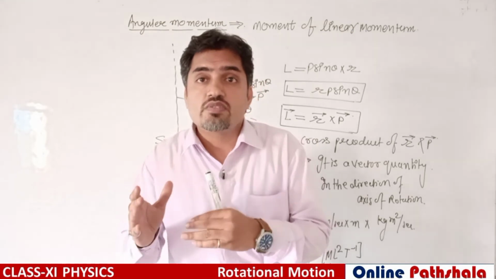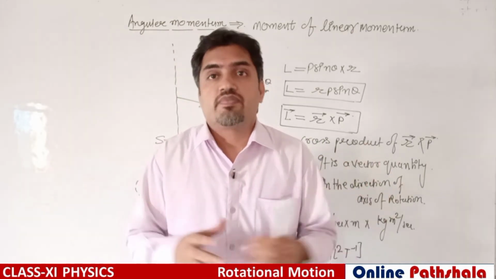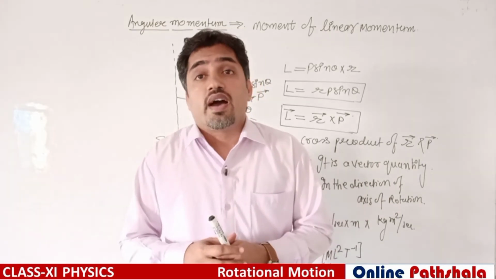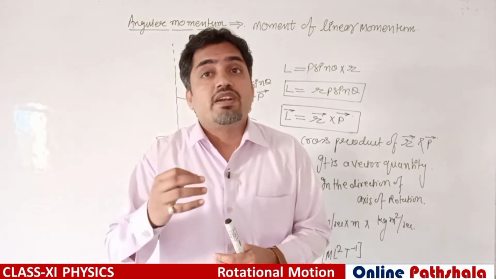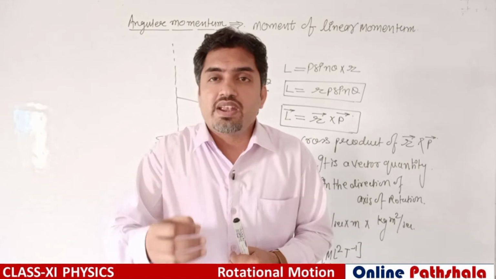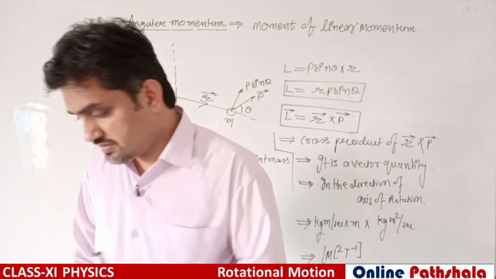For translatory motion, the concept of angular momentum is different, and for the rotational motion, the concept of angular momentum is also a little bit different. So first we are talking about the angular momentum for translatory motion. How? Let's see.